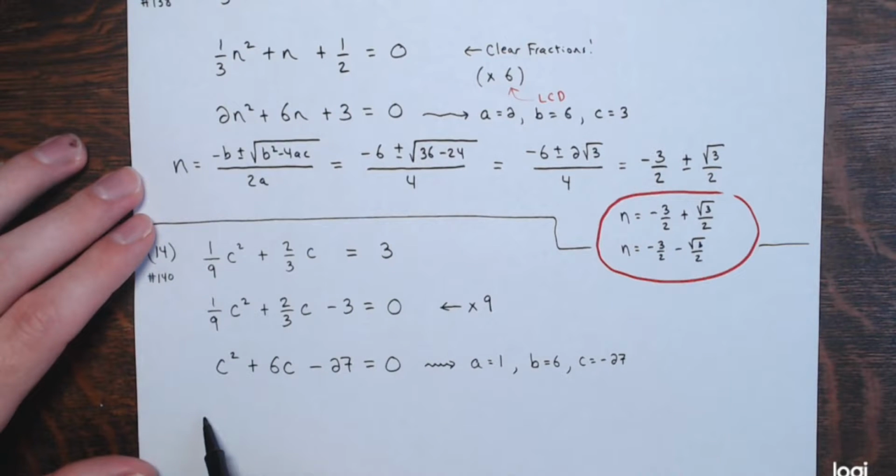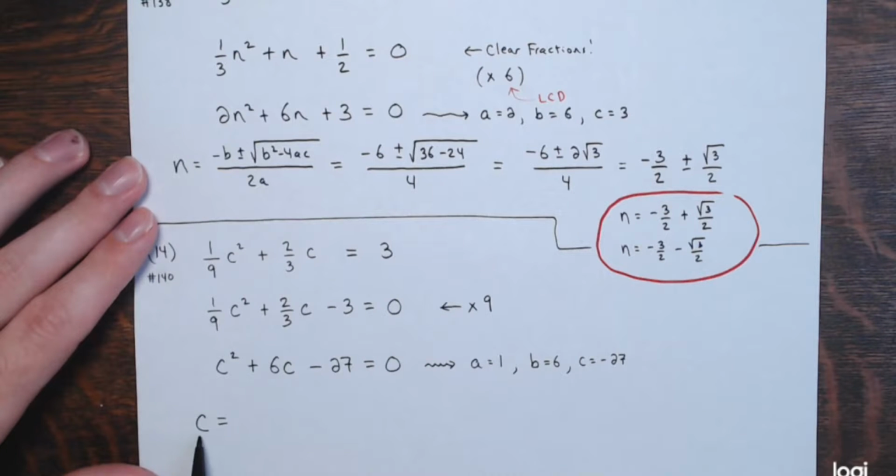Alright, so we have C equals, now be careful, right? Like earlier with the B problem, this is the variable C, whereas this is a constant C. C equals, the opposite of B plus or minus the square root of B squared minus 4AC, where C is -27. All that divided by 2A.